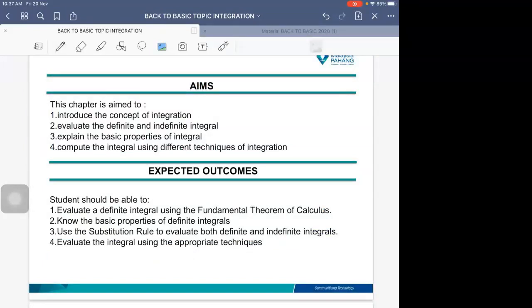We hope that in this discussion, students can enhance their understanding of basic integration and also of how to use integration techniques, because we found that many students most of the time have difficulties integrating correctly.